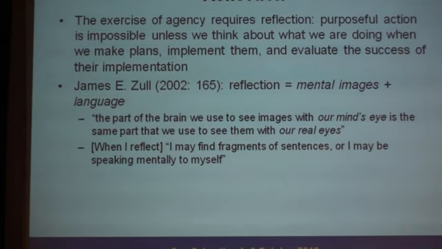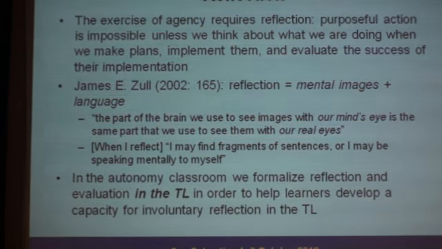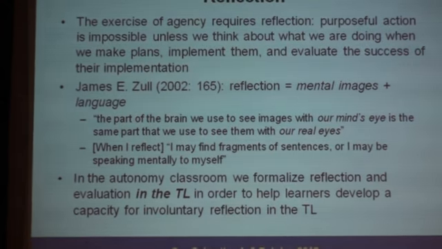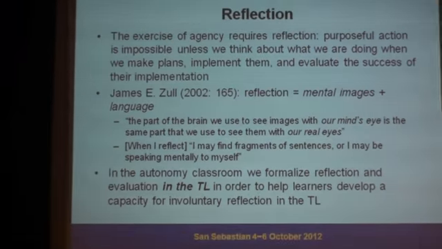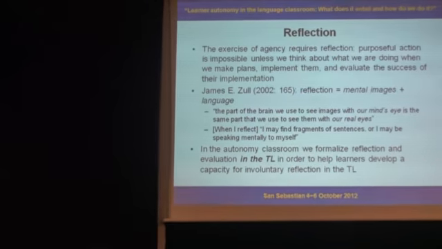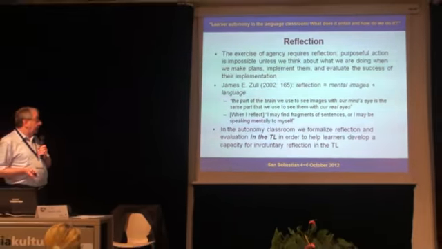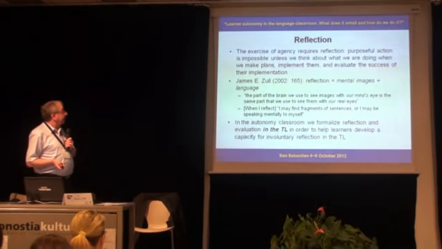When I reflect, he goes on, I may find fragments of sentences, or I may be speaking mentally to myself. In the autonomy classroom, of course, we formalize reflection and evaluation in the target language in order to help learners develop a capacity for involuntary reflection, also in the target language.